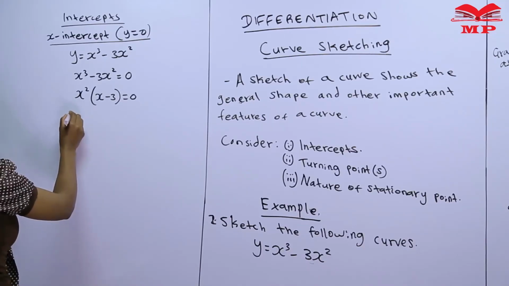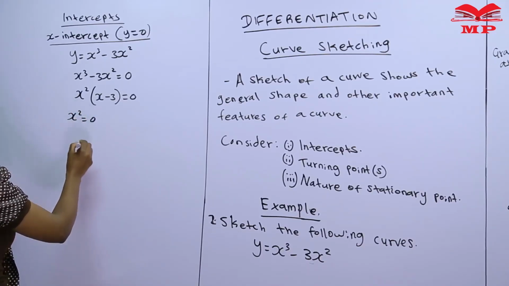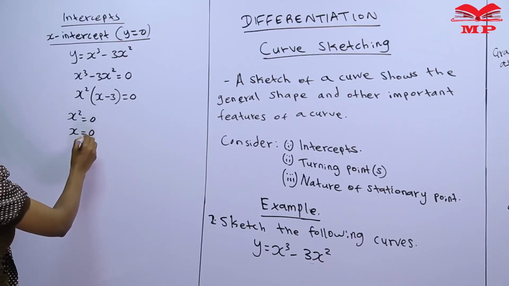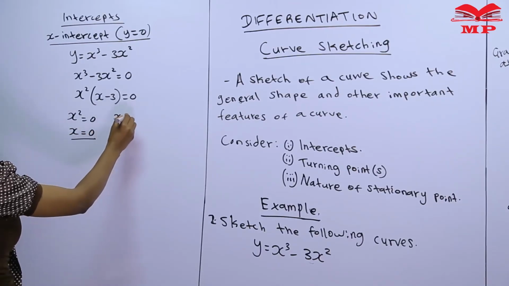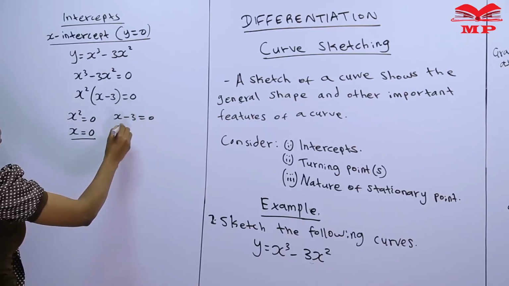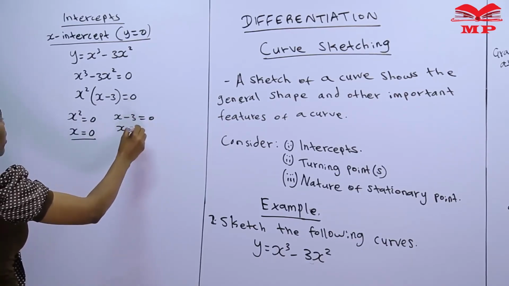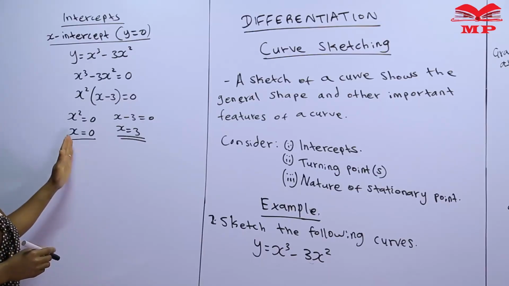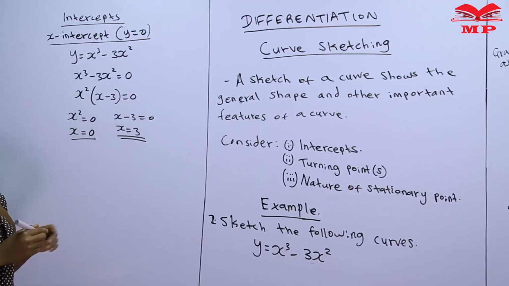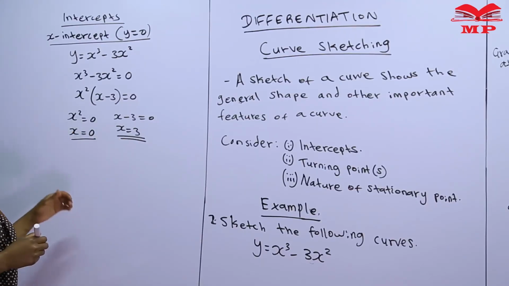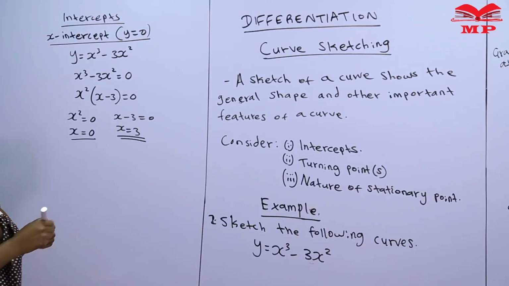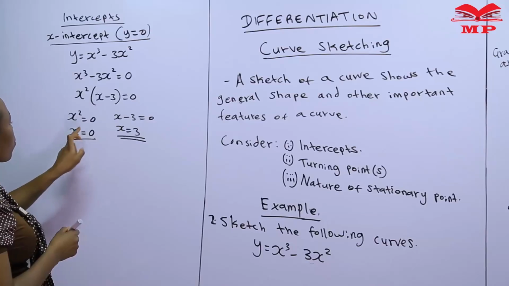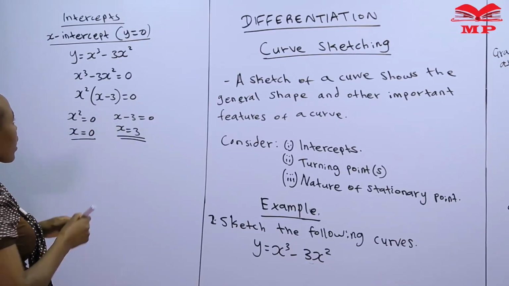Here we'll have, therefore, x squared is equal to 0, and therefore x is equal to the square root of 0, that is 0. Again, we have x minus 3 is 0, therefore x is 0 plus 3, that is 3. So we have two values, x equal to 0 and x equal to 3. We need to get the value of y when x is 0 and the value of y when x is 3.